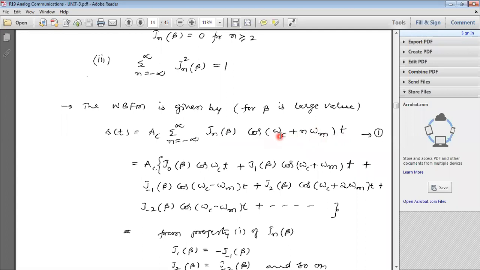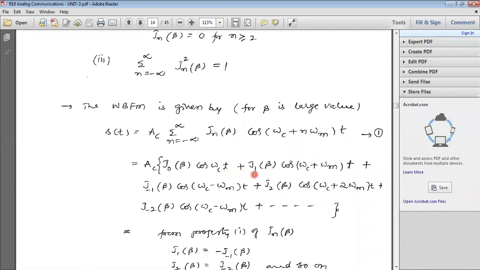So in total it becomes A_c into J_0(beta) into cos(omega_c t), that is the first term, for n equal to 0. Observe carefully.